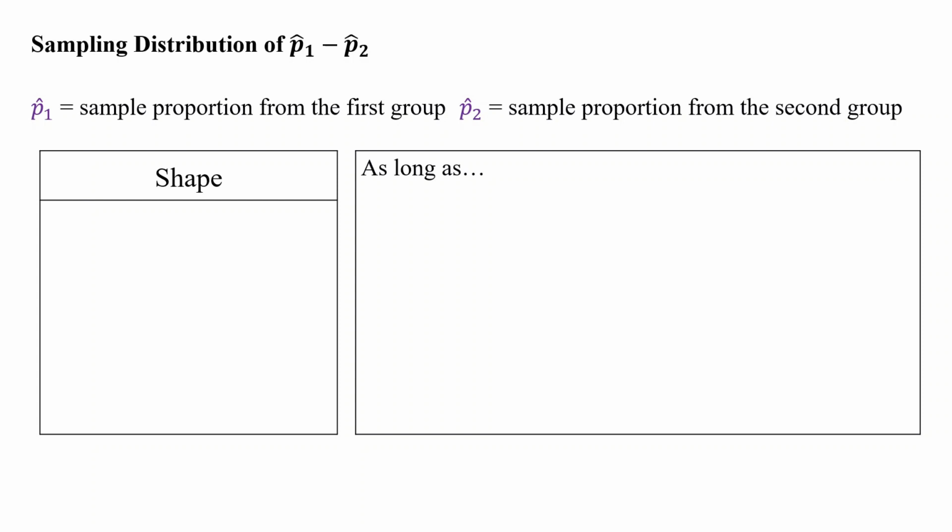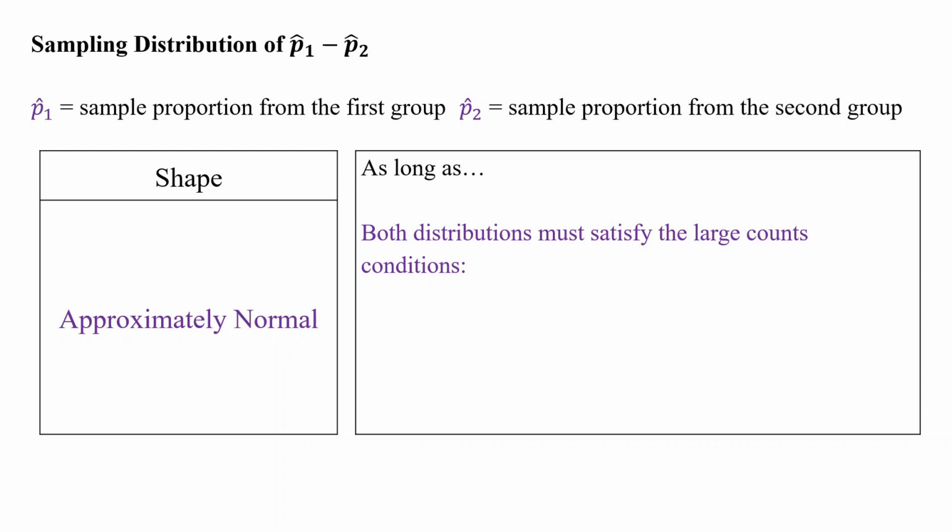So if we have two groups and a sample proportion from each group, and we combine them by subtracting and finding the difference, what's the shape going to be? Approximately normal. That's the shape we want for the rest of our inference unit. Of course, there are conditions that go along with it.